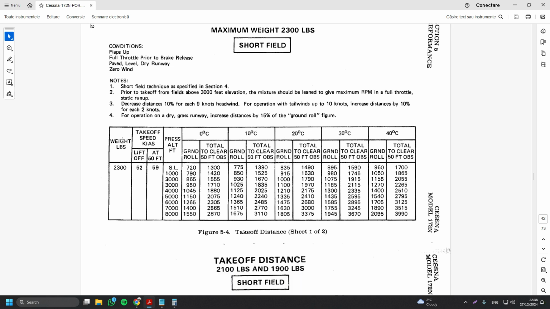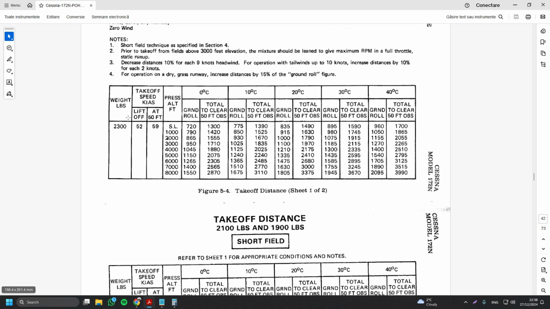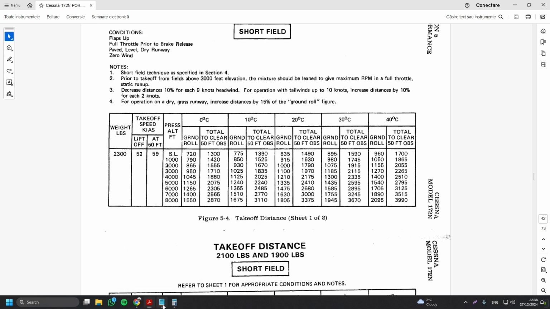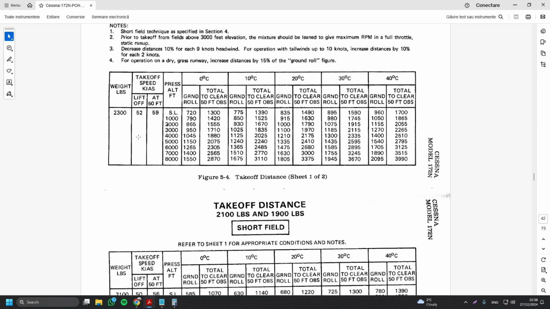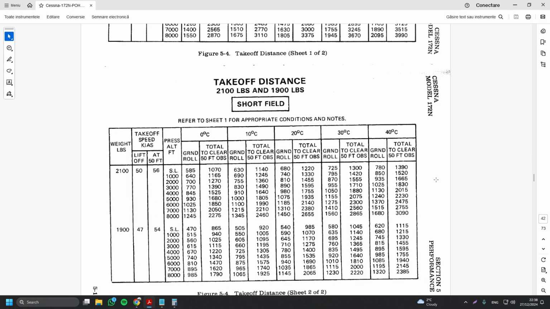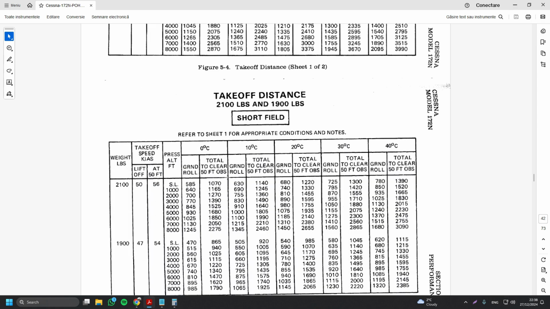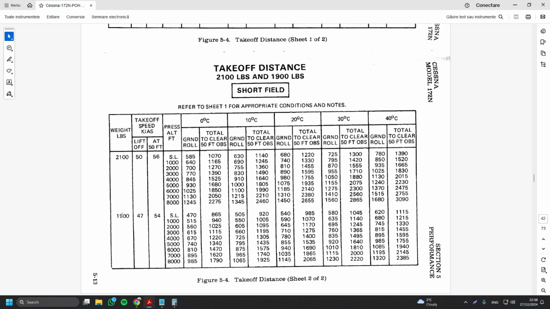First, it says the weight here in the first column. Let's see our conditions. We are a Cessna 172, 2,000 pounds. So you can look for 2,000 pounds, but you cannot find it. This is a trick. These calculations are for an aircraft which weighs 1,900, and this is for the 2,100 one.